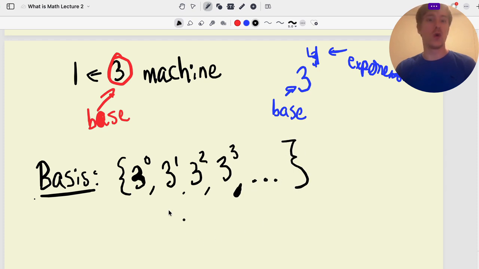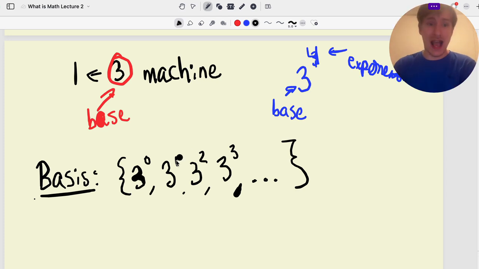Every single natural number exponent with that specific 3 as the base. Obviously for each machine, a 3-1 machine is going to have one basis, and a 10-1 machine is going to have a different basis. It's only going to have one basis though. You could technically have different bases, but we're not going to get into it. We'll just say that this is the only basis.